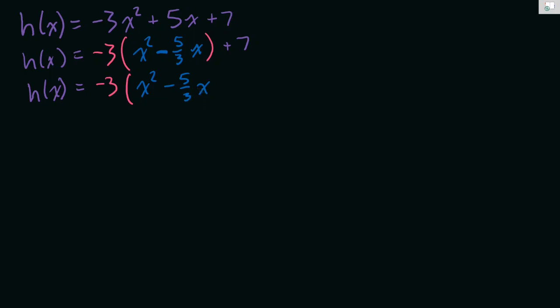So this is going to be add 5 over 6, right? Because we need to have it. So half of thirds is sixths squared minus 5 over 6 squared plus 7 on the end.